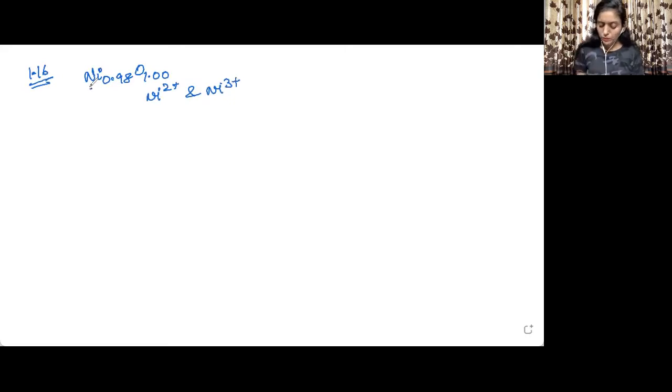Okay. Now, if you see, this is non-stoichiometric. Okay. If we say that all the nickel present in this oxide is nickel 2 positive, what will happen? It will not be able to neutralize the complete negative charge of oxygen because the amount of oxygen is more than that of nickel.